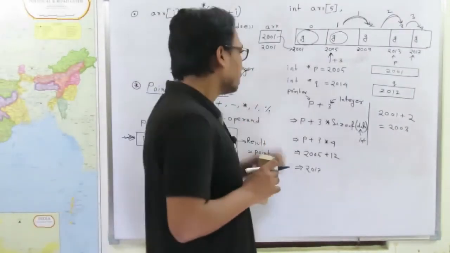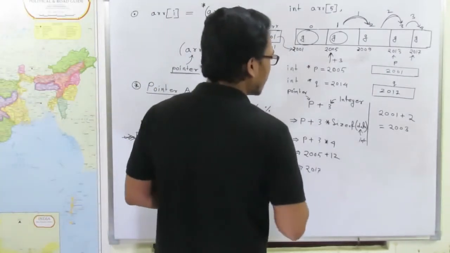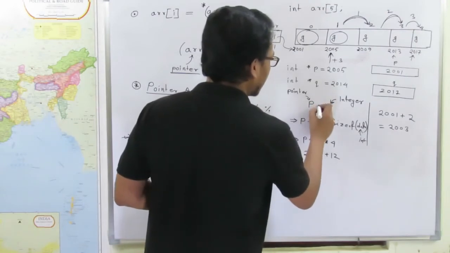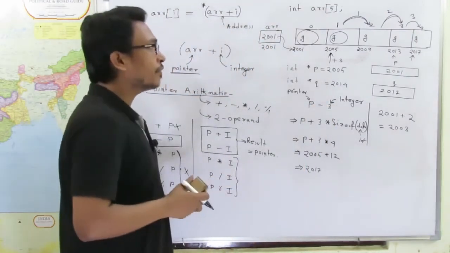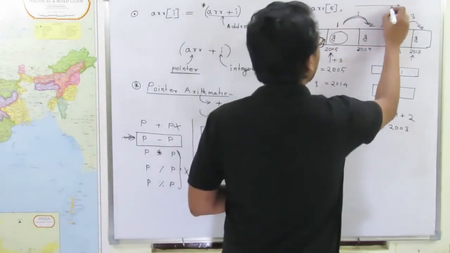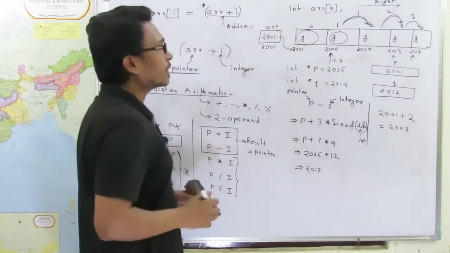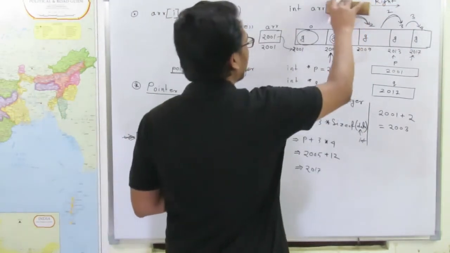Clear? Now coming to the subtraction part. In the subtraction part the operation is exactly the same. In case of addition we are moving in this direction, that means right direction, but in case of subtraction we will move towards left.